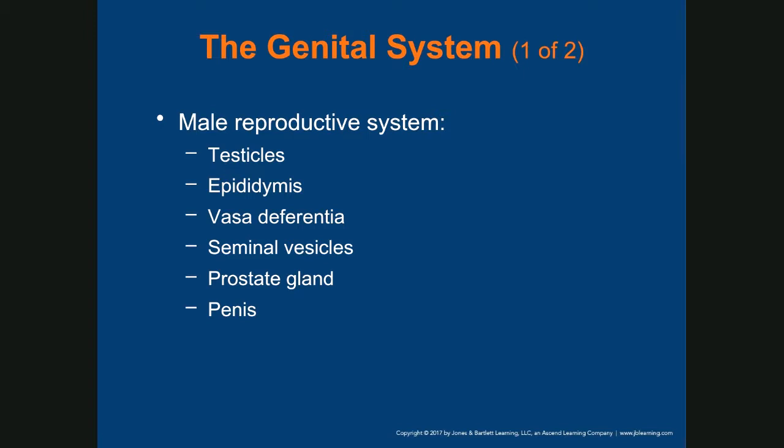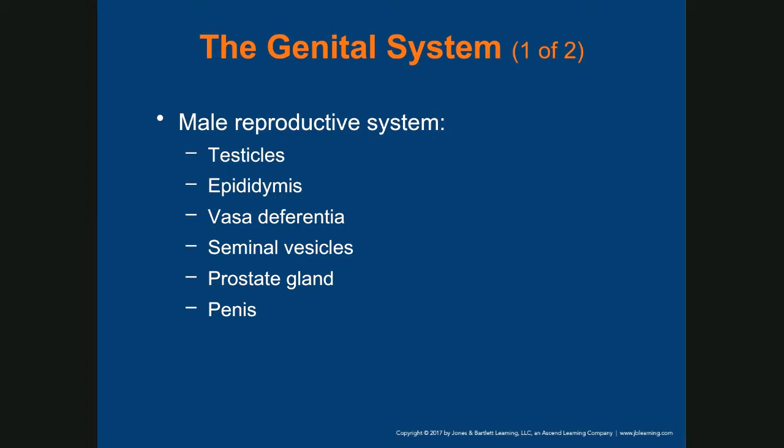The testes, or testicles, are responsible for producing hormones and sperm that are important to the reproductive process and the development of reproductive organs.